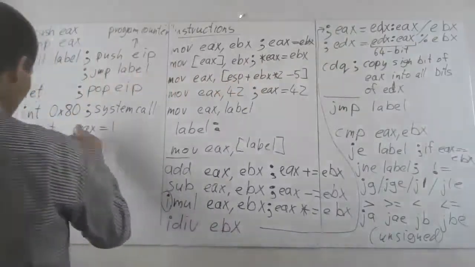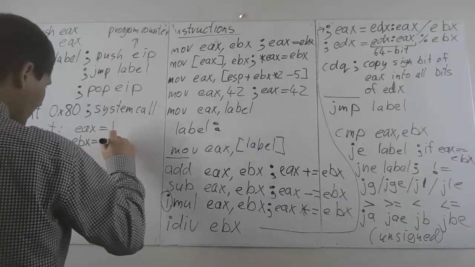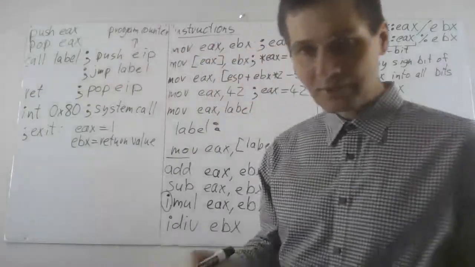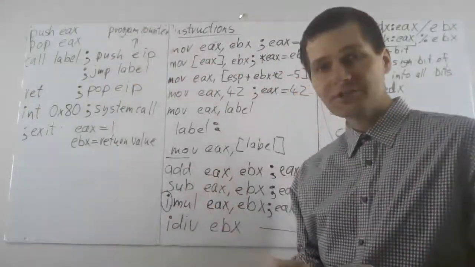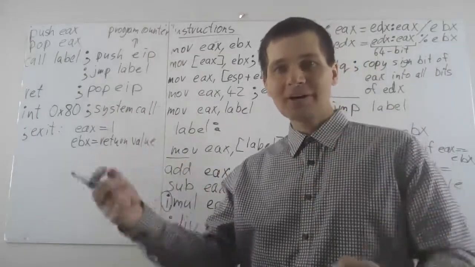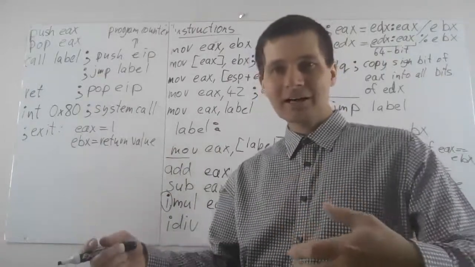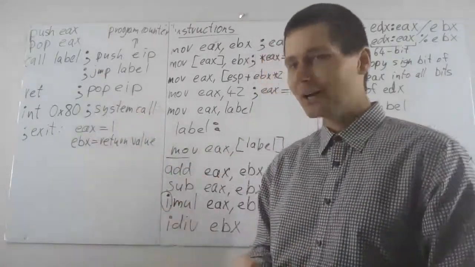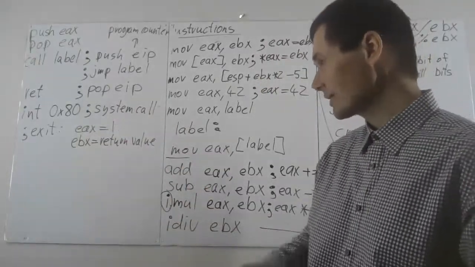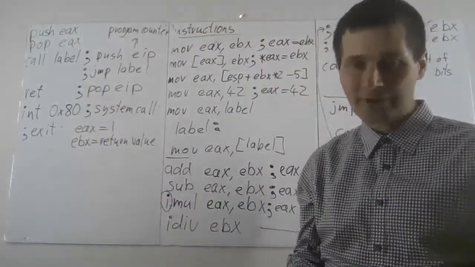And then EBX is going to be the return value from your program. All right, so this is the return value that you want to pass back to the shell, so that you want to pass back to Marmoset. So, if you remember, up until now, your compiler has been returning like 0 or 42. And so this is the return value that your machine language code is going to pass back to the operating system.